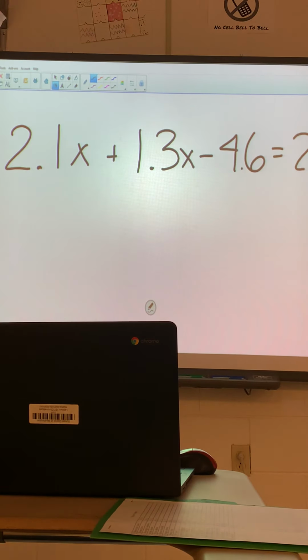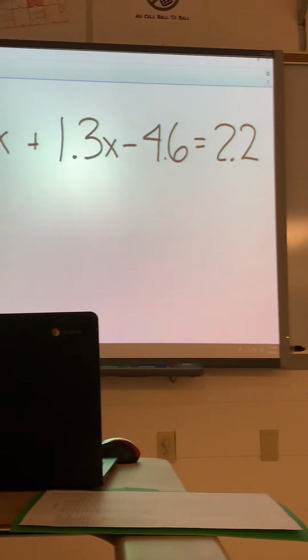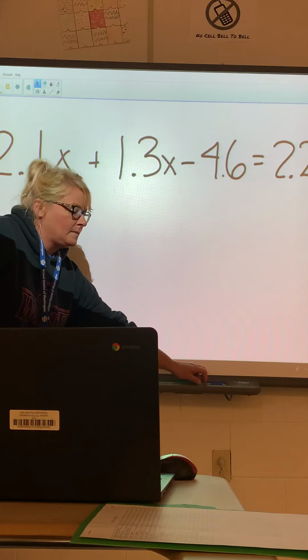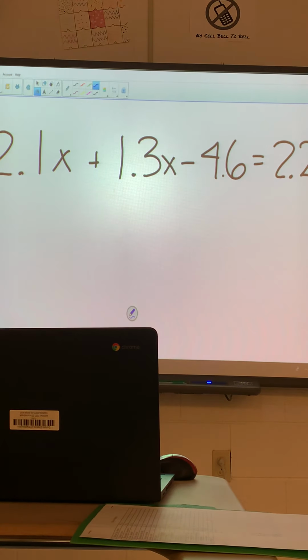It's kind of hard to see on here, I know. So you guys are working this one on your own. Combine your like terms and then start doing the inverse.